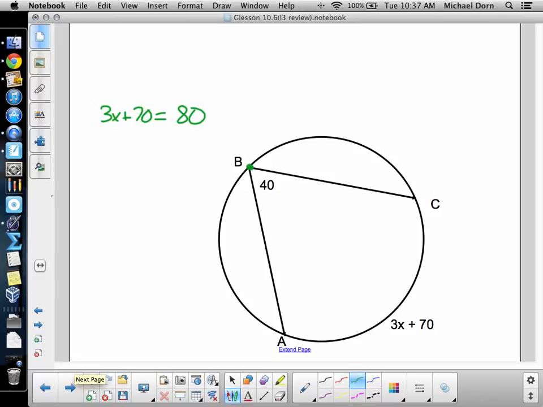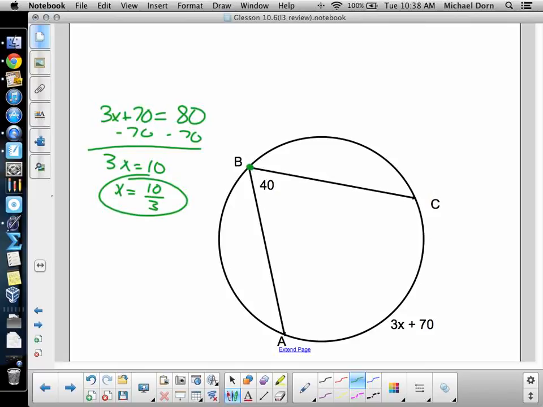I could do 40 equals 1/2 of 3x plus 70 also, but that's going to give me fractions that I don't want to deal with. So this is nicer. 3x equals 10, so x is 10/3. And that's all I need. Not really pretty, but the fraction is at the very end, so it's not difficult.